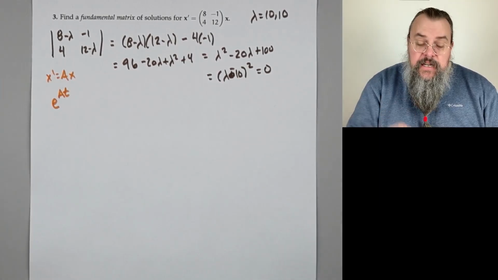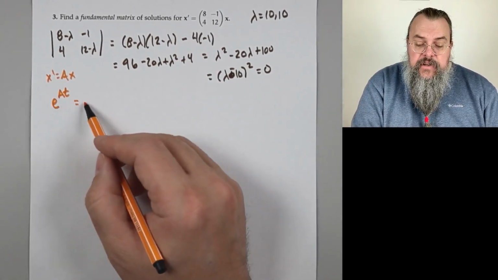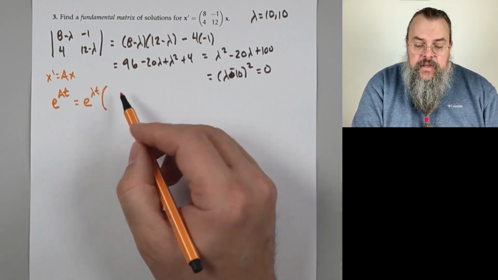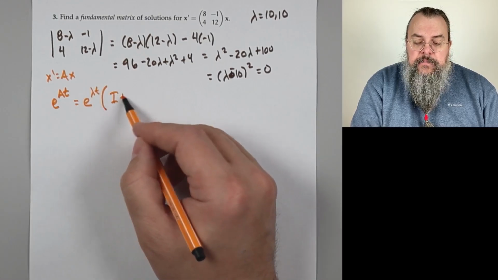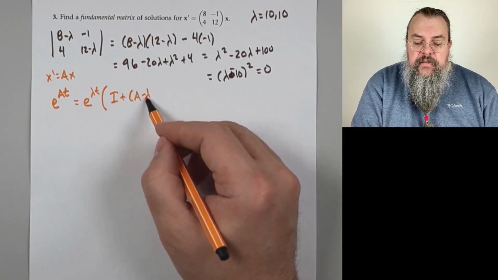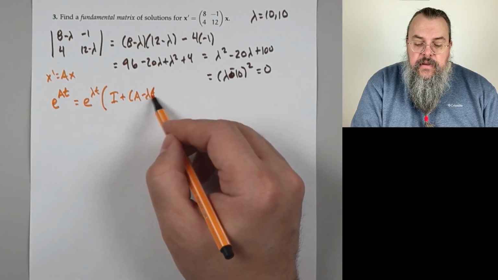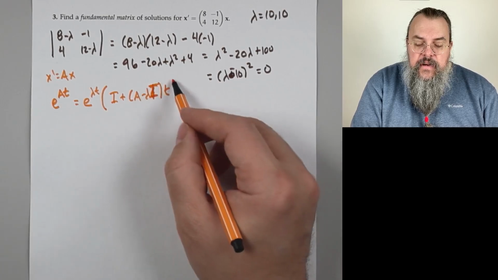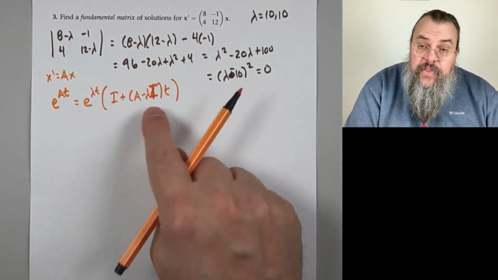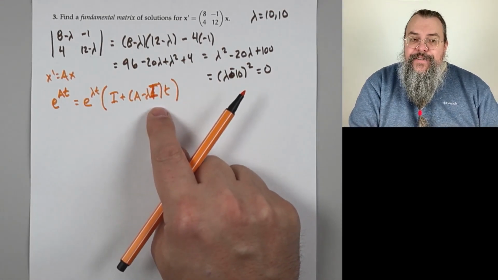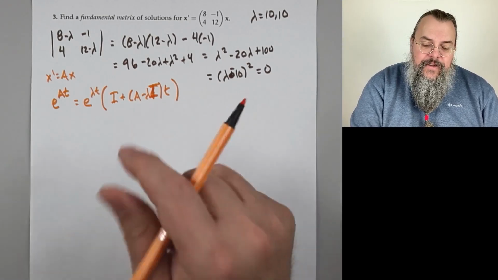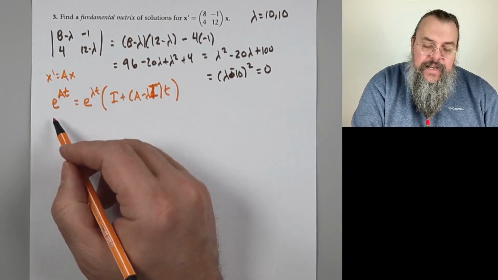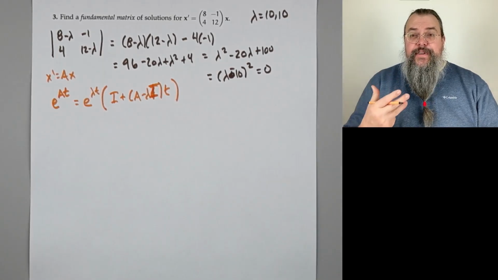And for repeated eigenvalues, it turns out it's e to the lambda t times I plus (A minus lambda I) times t. So there we go. That is nice. Okay, now you might say, wait, e to the At, is that a fundamental matrix? It is. It's sort of the best fundamental matrix.